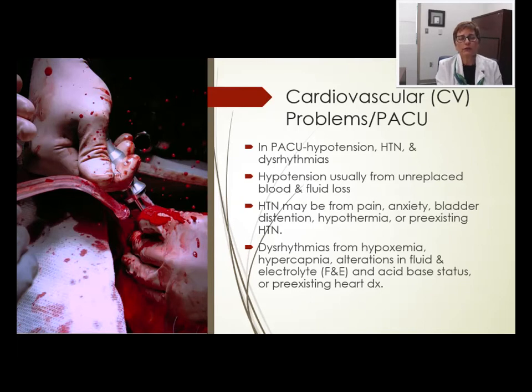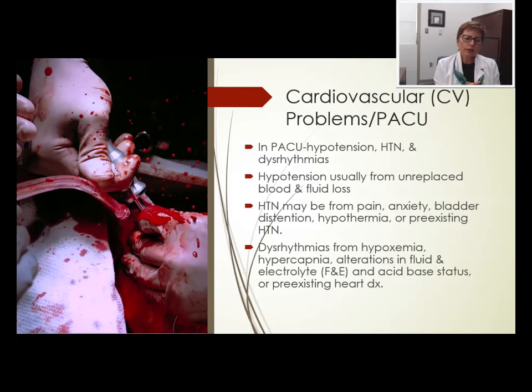Hypertension can be from pain, or I'm really anxious, or my bladder is really full, or I could be hypothermic and I'd be shivering, and so my blood pressure might be elevated, or can have pre-existing hypertension. I might take 4 medications and I only took my beta blocker today. Well, then I might be hypertensive.